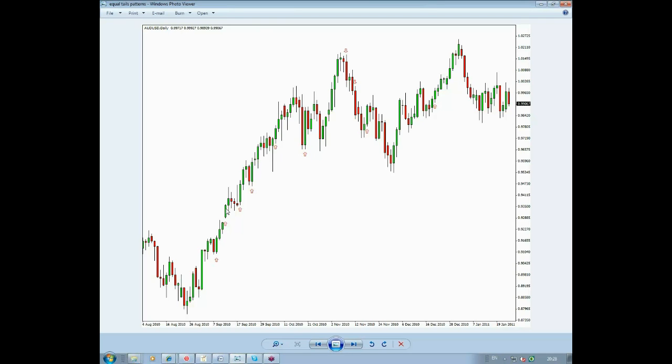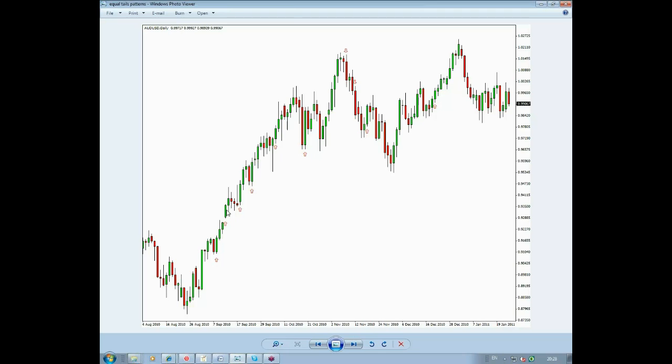We had the wars up and down, but then they closed with a healthy big body of a candle and equal tails, and that means that probably we will have a continuation of the trend, and we had one.